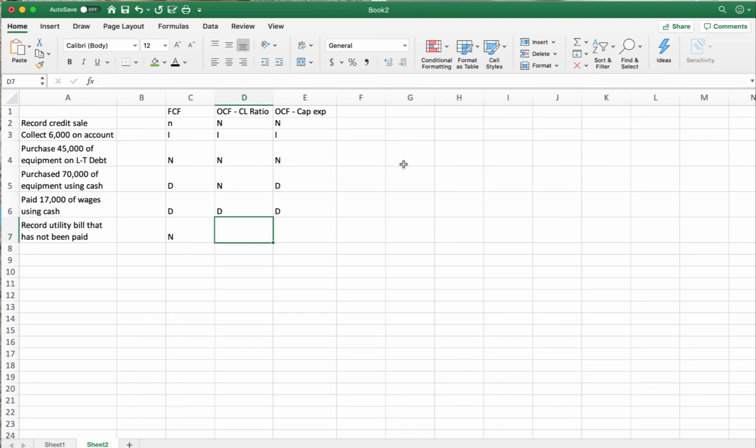Because we have an accounts payable here. Accounts payable is part of the CL ratio, right? So we're actually increasing that current liability, which should decrease our ratio. And this has no impact on operating cash flow to capital expenditures because current liabilities are not in the numerator or the denominator here.